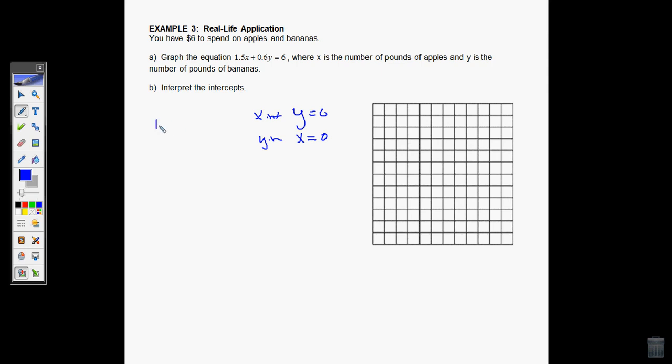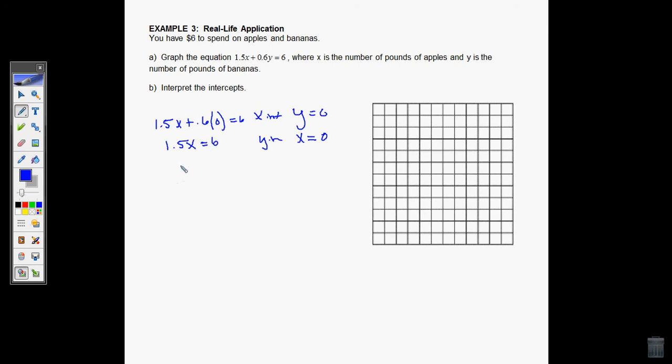So I have 1.5x. We're putting in y equals 0 first. 1.5x plus 0.6 times 0 equals 6. So once 0.6 multiplies by 0, my equation essentially says 1.5x equals 6.